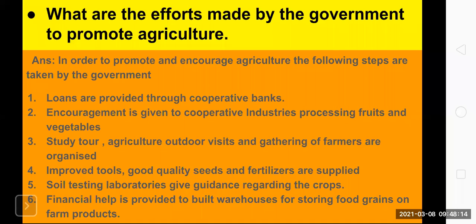Fourth, improved tools, good quality seeds and fertilizers are supplied. Fifth, soil testing laboratories give guidance regarding the crops. And sixth, financial help is provided to build warehouses for storing food grains and farm products. So students, there are 6 points you have written.